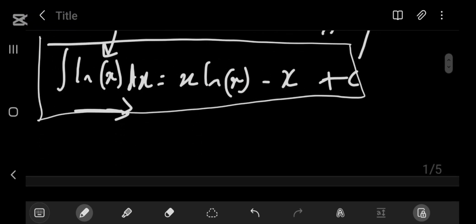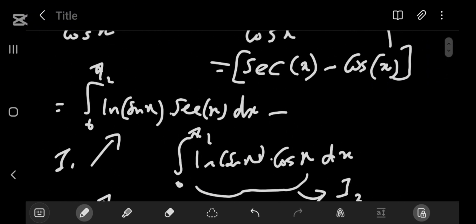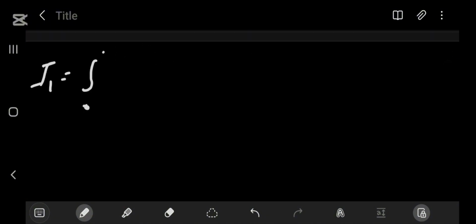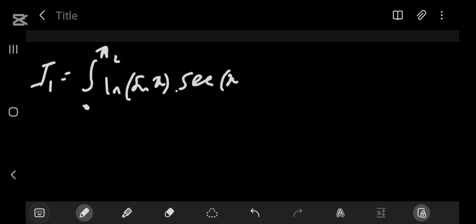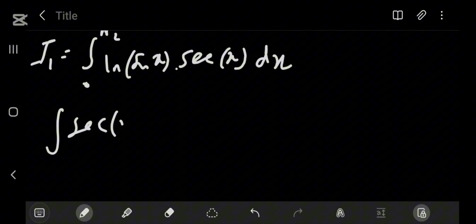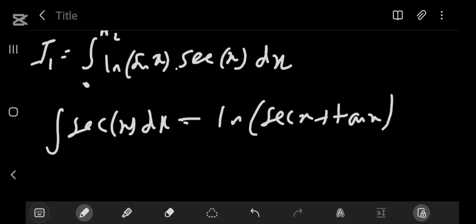Okay, now we'll move on to the I1 part. I1 we have the integral from 0 to pi by 2 of ln sin x secant x dx. Integration of secant x dx is actually ln of secant x plus tangent of x.